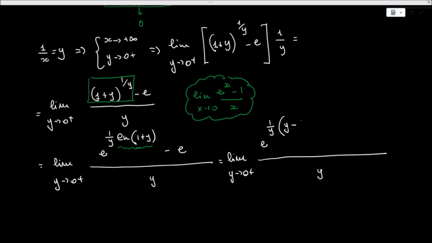Why did I stop at the second term? Because we immediately see that there is an e now coming out that will be factored out. So let me show you this. If I develop the multiplication, what do we get? We get the limit as y goes to 0 plus of, we have y here, and we have e times e to the minus 1.